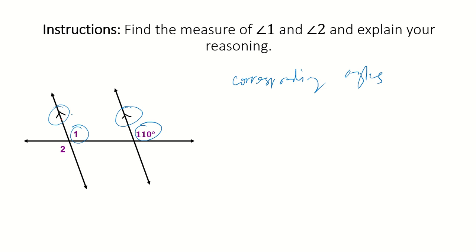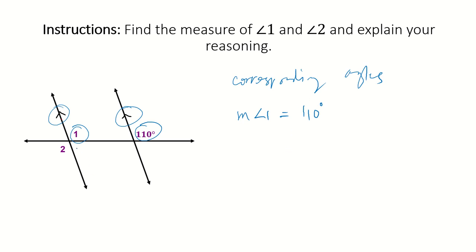Take note, this is the interior region, then the angle with 110 is exterior. So one interior, one exterior. Then the measurement of angle 1 is equal to 110 because corresponding angles are always congruent.